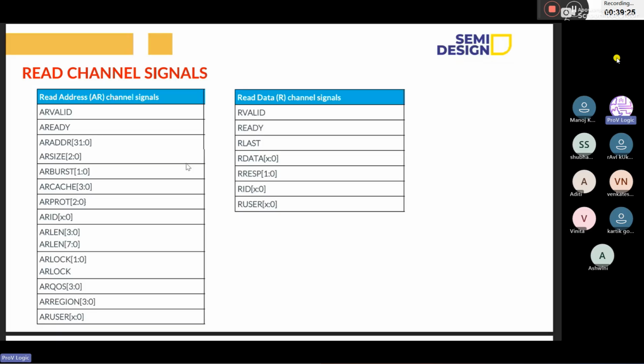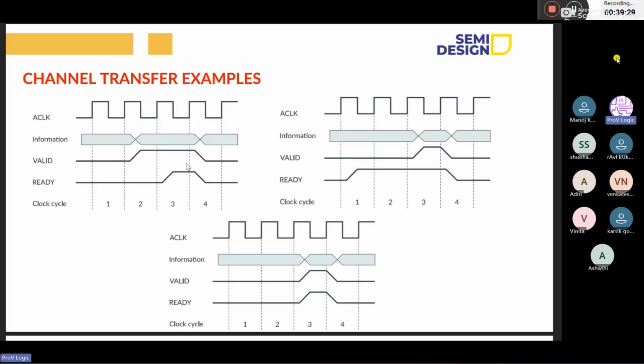Okay. So the next concept is waveforms. If you observe the waveforms comparatively with the AHB protocol, these are the channel transfer examples. There is a clock and information like data and address valid.